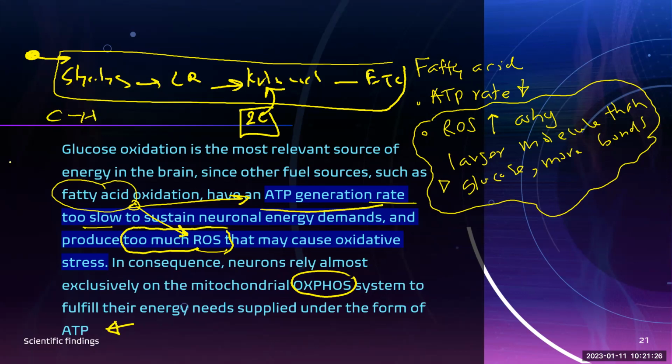There may be a reason there: having too many carbon and hydrogen bonds, their energy level is high, and reactive oxygen is also high. So the main fuel for the brain or neuron is glucose and oxidative phosphorylation.